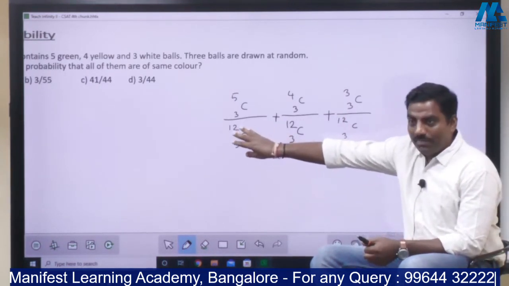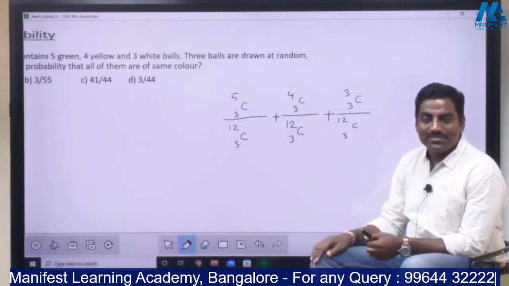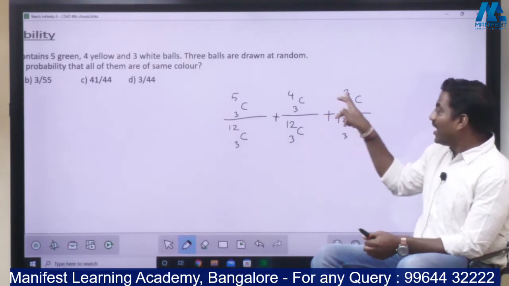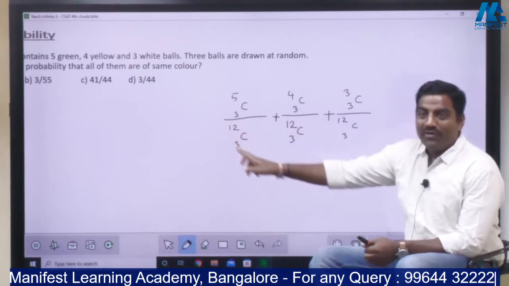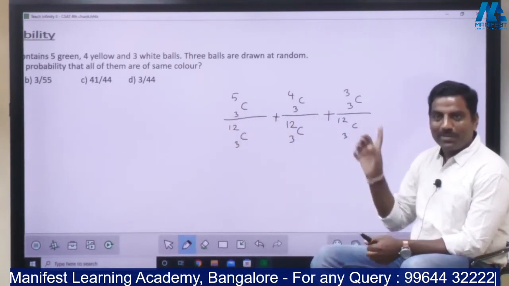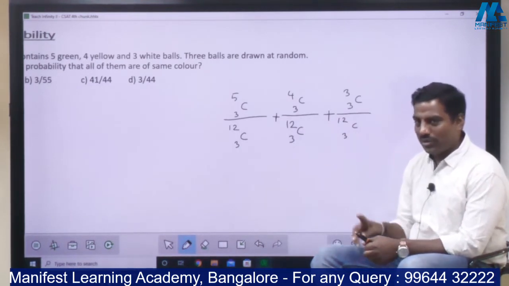If here I had chosen only 1 ball, here if I had to choose the second ball, here if I had to choose the third ball, then this whole event is 1, yes or no? Then I would have multiplied. Getting my point? I'll give an example also in this question.